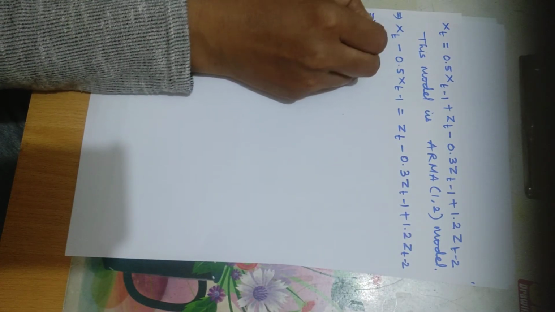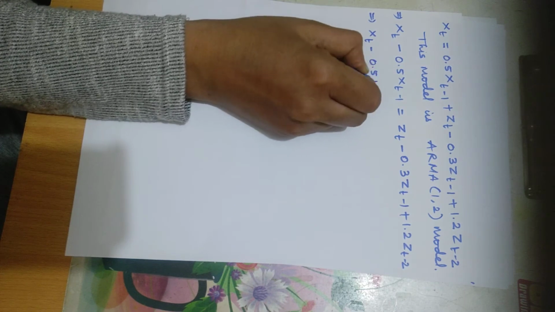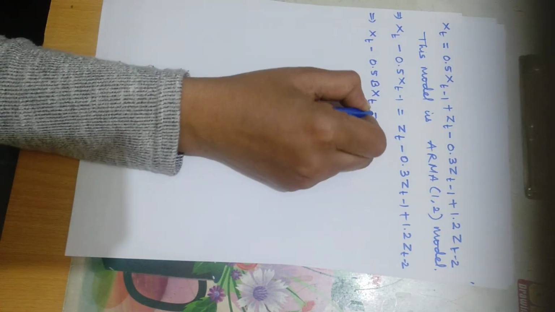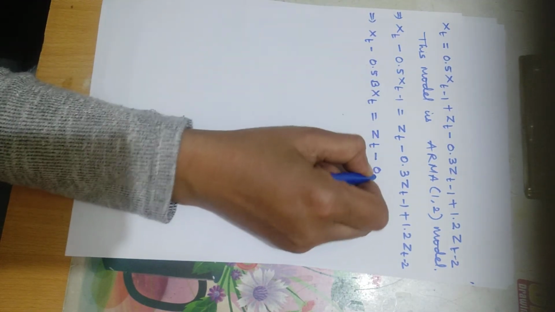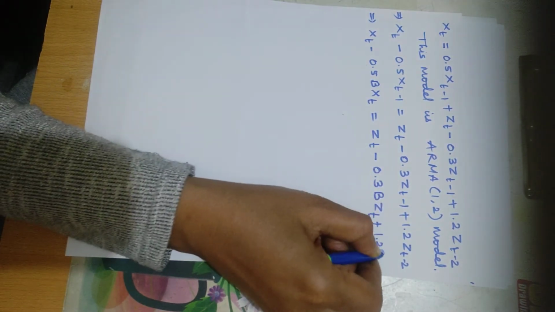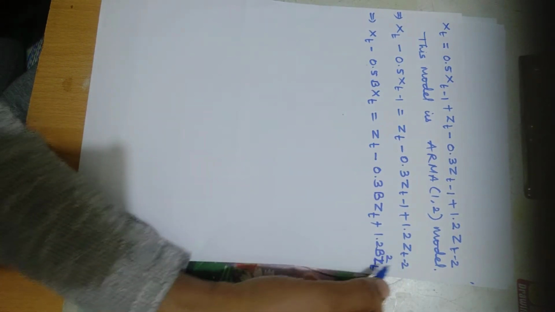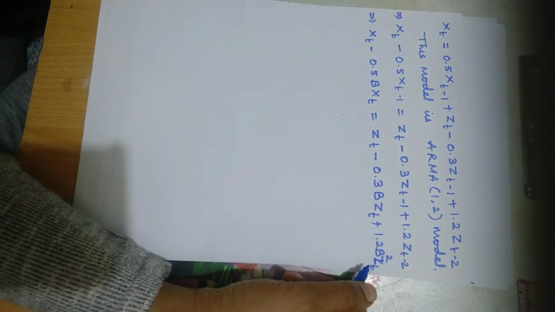So by using back shift notation, we can write it as 0.5 b xt, which is equal to zt minus 0.3 b zt plus 1.2 b square zt. So zt minus 2, we can write it as b square zt, right?